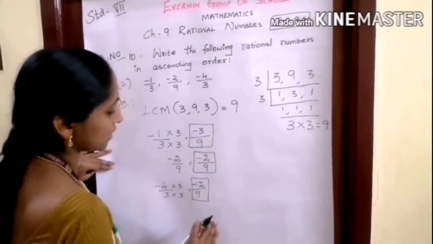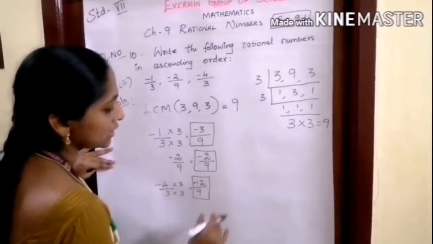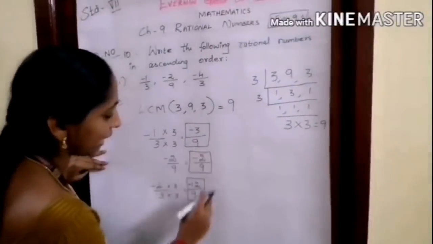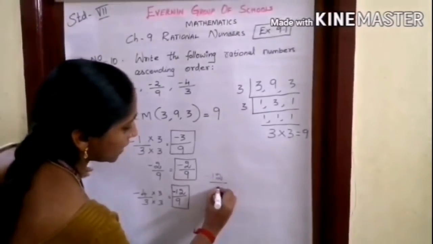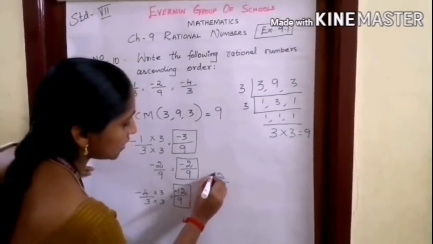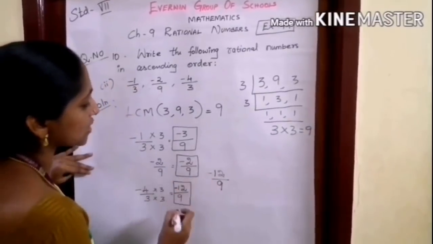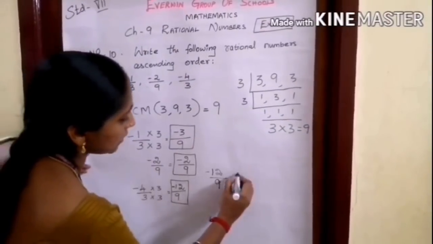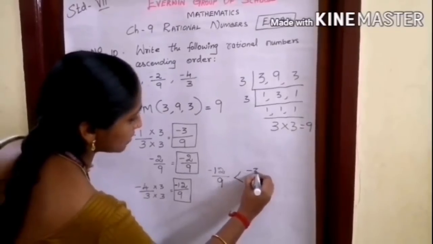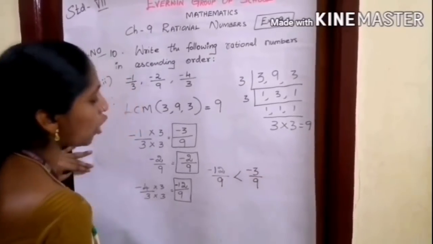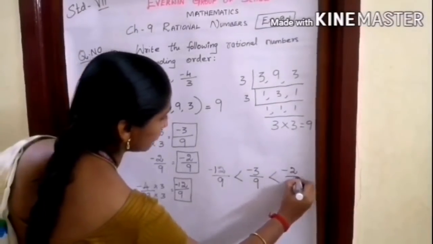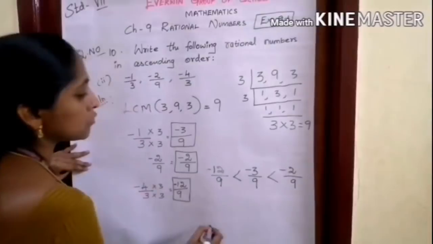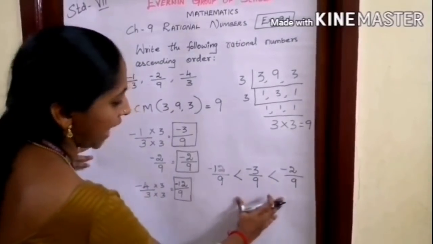Which is smallest? Minus 12 is the smallest number, since it is a negative number. So minus 12 by 9 is the smallest number. Next smallest number is minus 3 by 9. Next smallest number is minus 2 by 9.